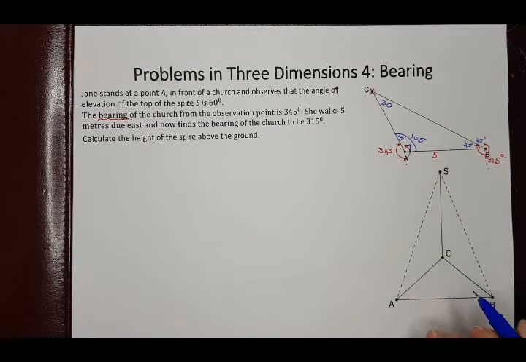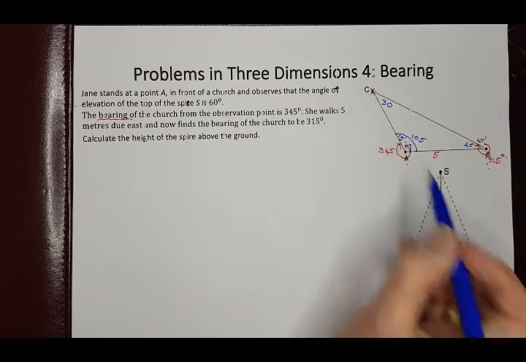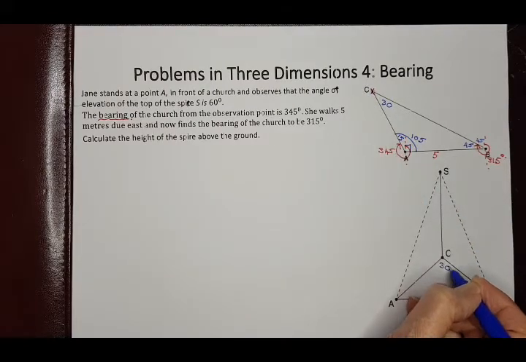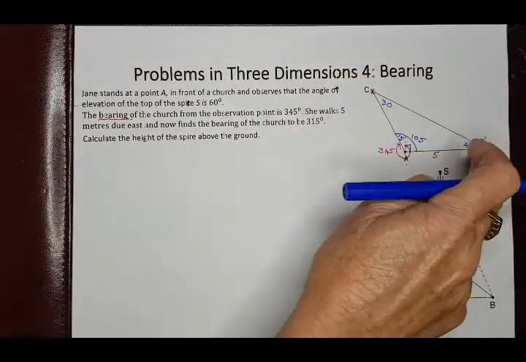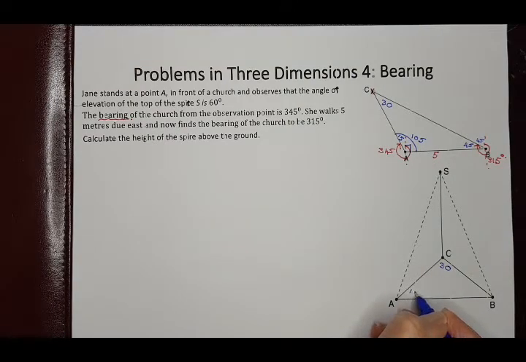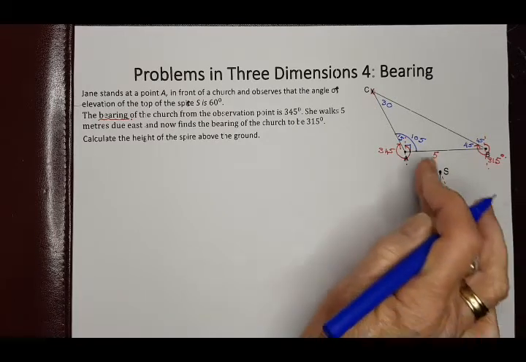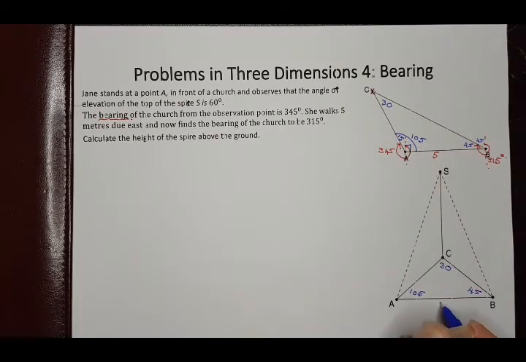ACB is 30, CAB is 105 and CBA is 45. And this length from A to B is going to be 5 units.